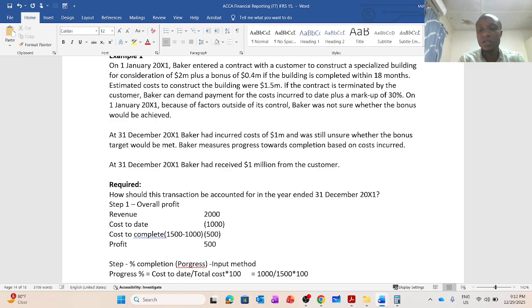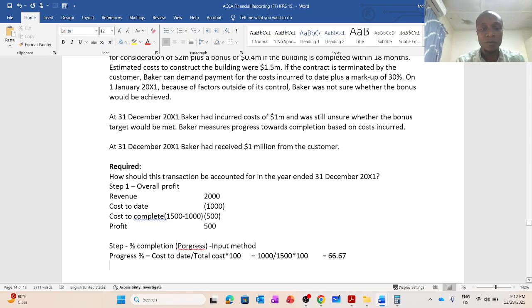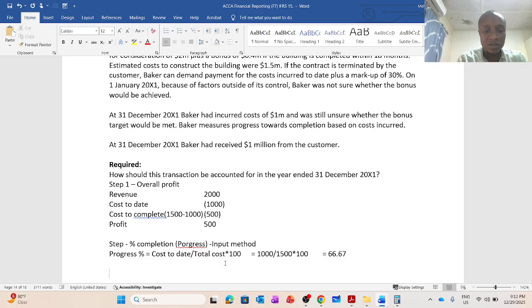Let me use my calculator. 1000 divided by 1500 will give me 0.66. So in percentage it is 66.67%.